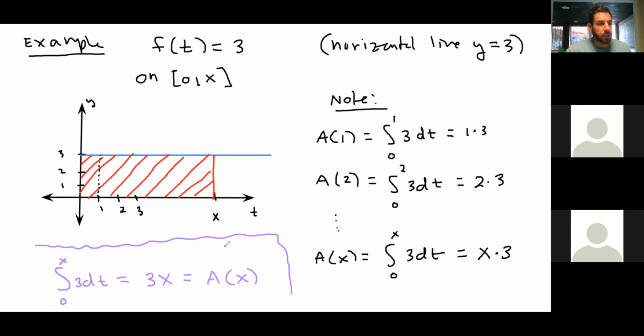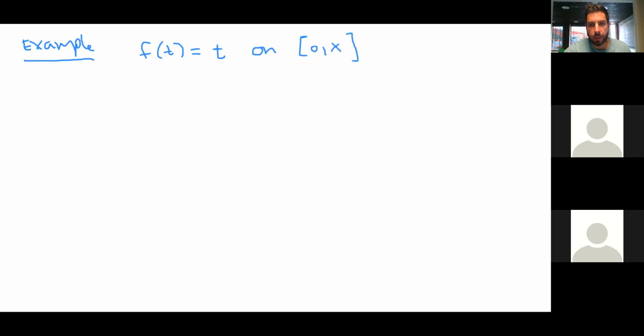All right, so instead of doing a horizontal line, let's take a line that does not have slope 0. So this time the function f of t I'm going to use is f of t equals t, on 0 to x, and I'm going to play the same game I just played.